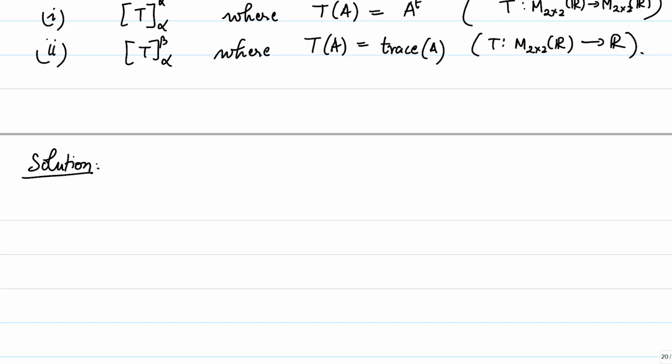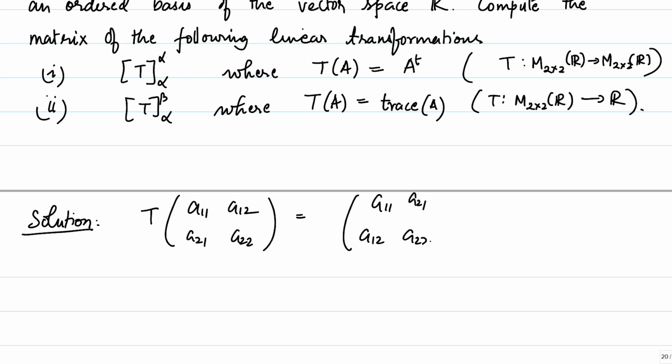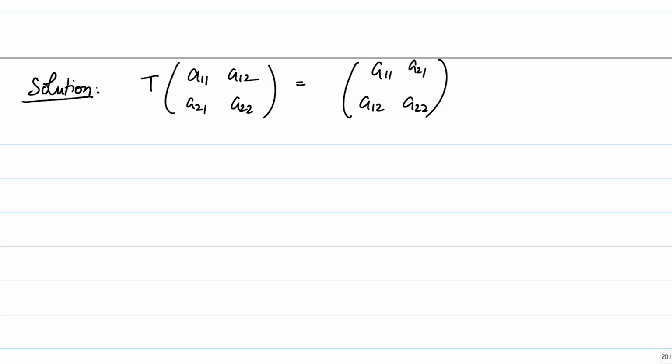So the first one is the matrix of T with respect to alpha, right? Let's write down what T is. T of A11, A12, A21, A22 is just going to be A11, A21, A12, A22. This is precisely the transpose of the matrix written to the left.